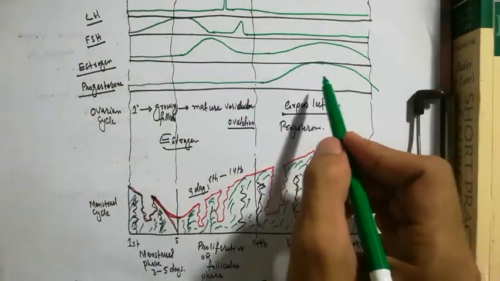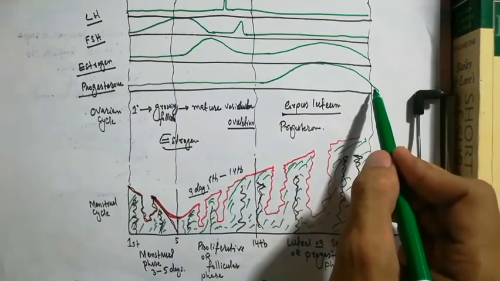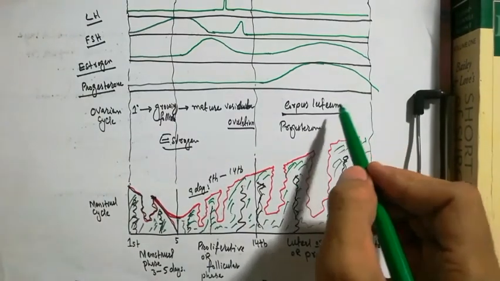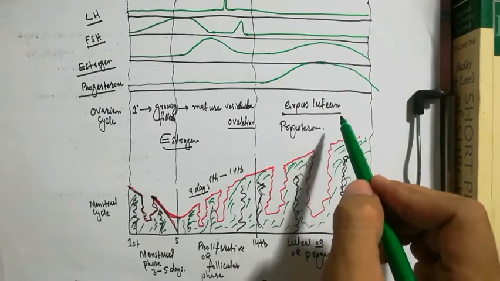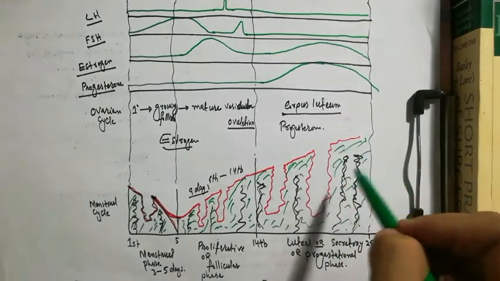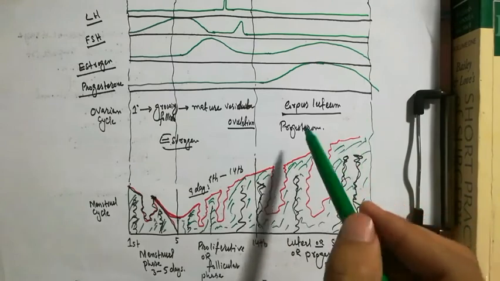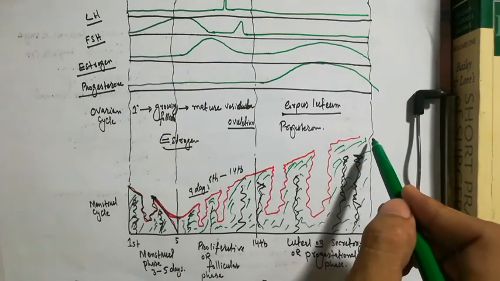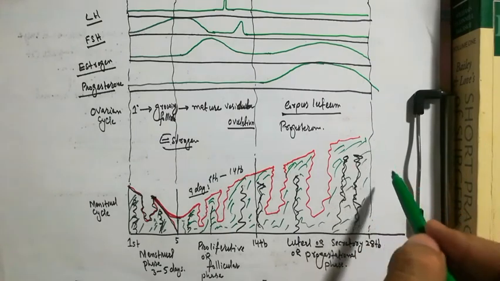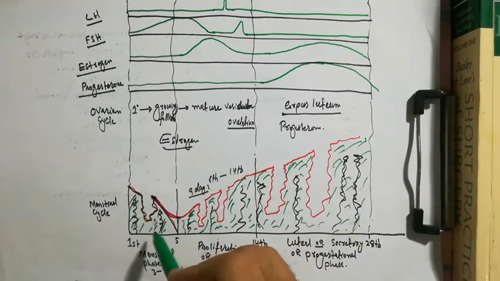The concentration of progesterone drops at this time if the corpus luteum degenerates, and the corpus luteum degenerates if fertilization does not occur. Means if fertilization does not occur, then the corpus luteum degenerates, the endometrium starts to shed and the menstrual phase begins.